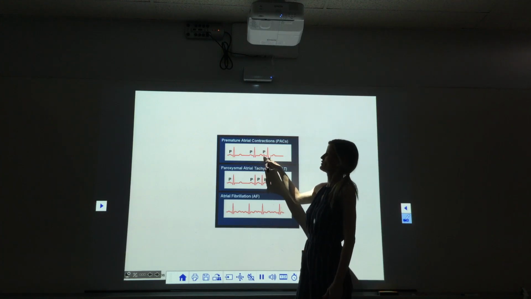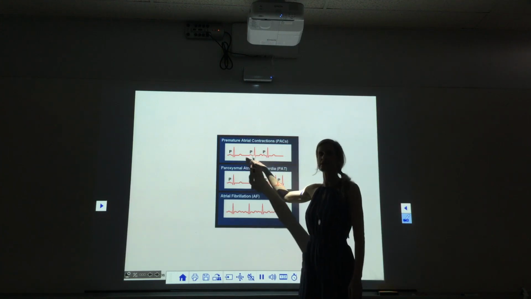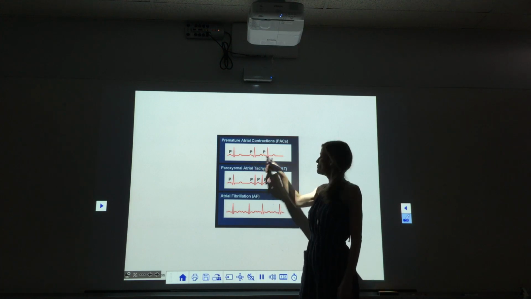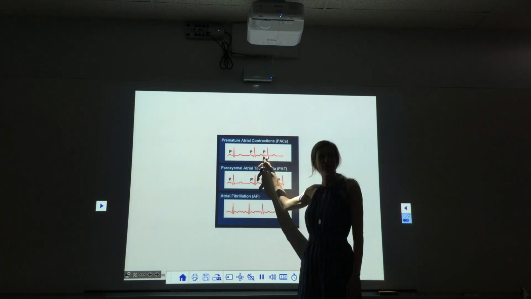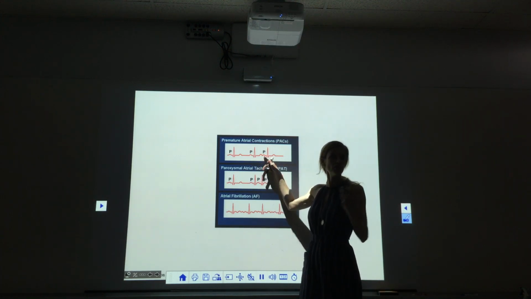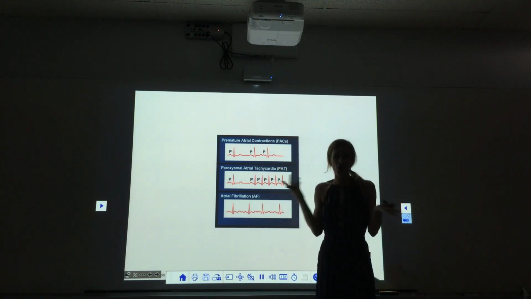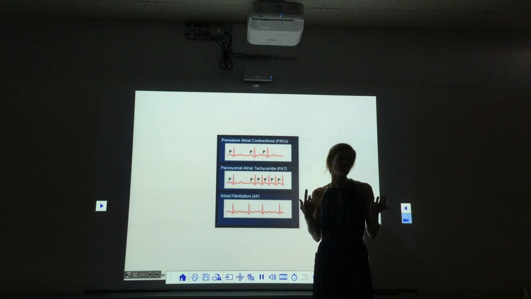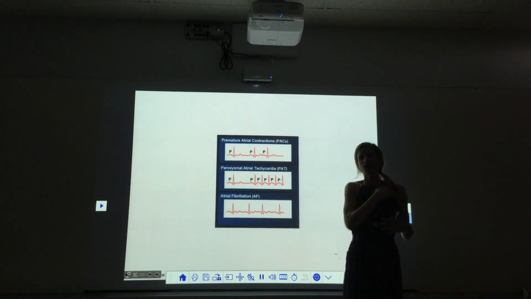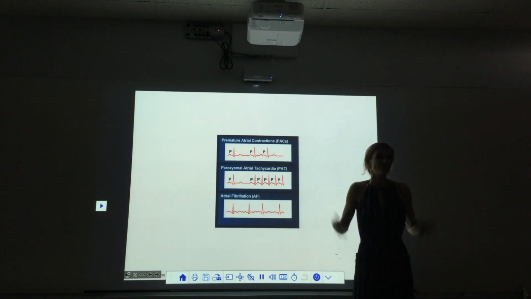There should be a nice period of time here. But look how quickly the atria are contracting. That's premature. Okay, so premature atrial contractions. These are kind of random events. They happen to all of us every once in a while. Not a huge deal if it's just one. So if all of us walked around with our heart being monitored all the time, every once in a while, we'd get a PAC, whatever, just happens.